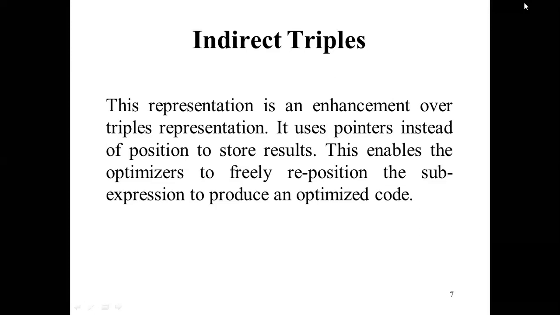Here we will write directly the position of the pointer. So this representation is an enhancement over the triple representation. We will use the pointer and show only the pointer position, nothing else. So with 2 columns, we can represent the indirect triples.